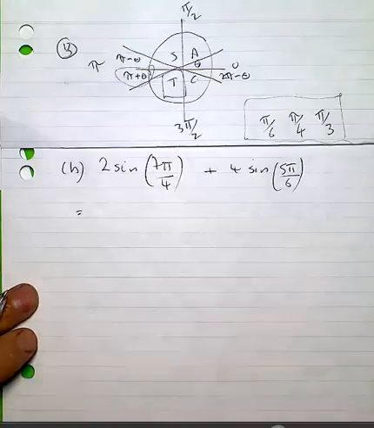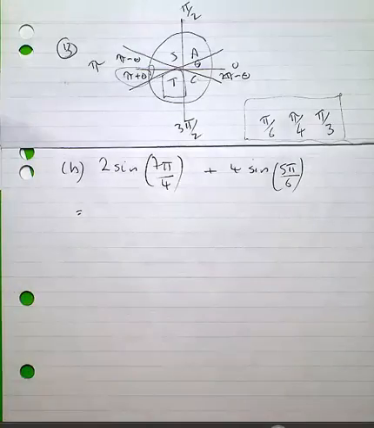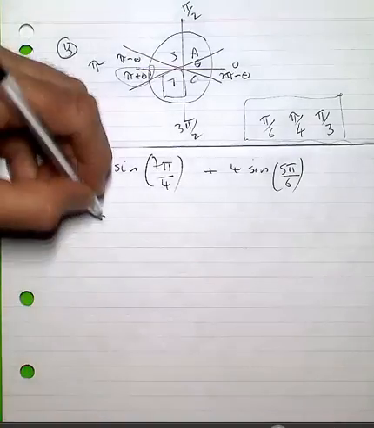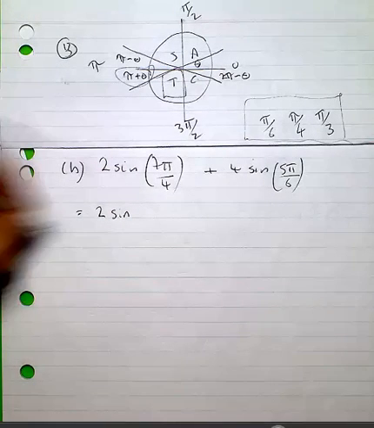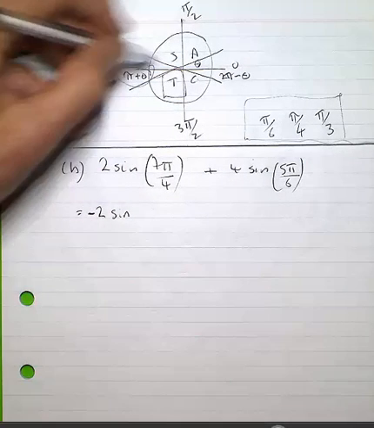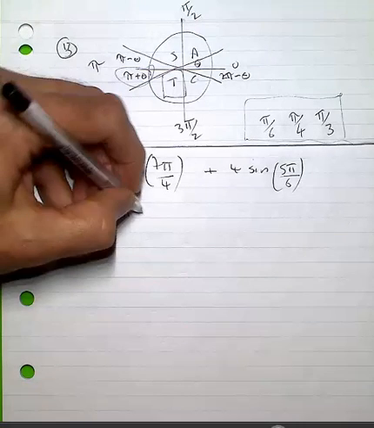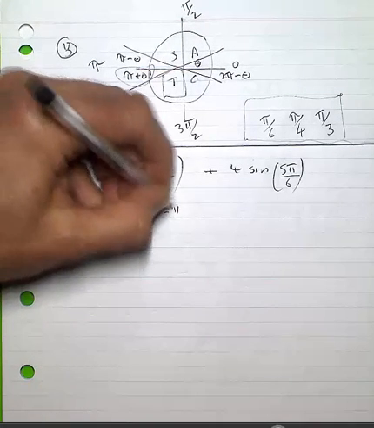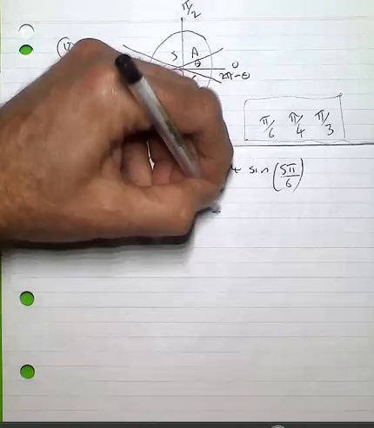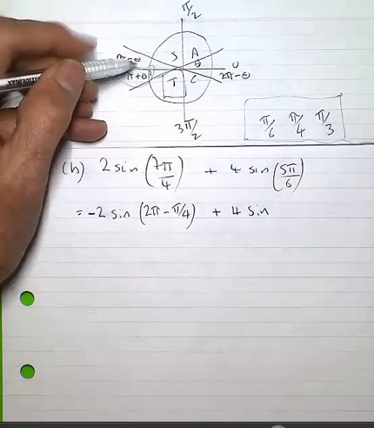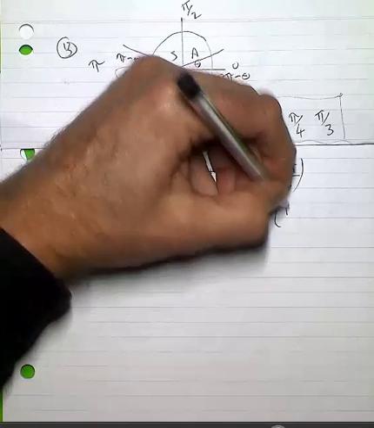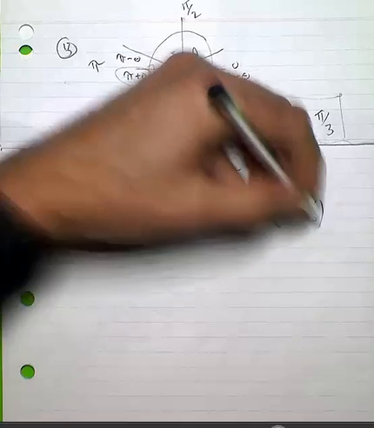Now in part B, we're going to use some symmetry properties in the cast diagram to work out what's happening here. So that's the same as negative 2 sine of 2 pi minus pi on 4 plus 4 sine, positive because we're in the second quadrant, pi minus pi on 6.